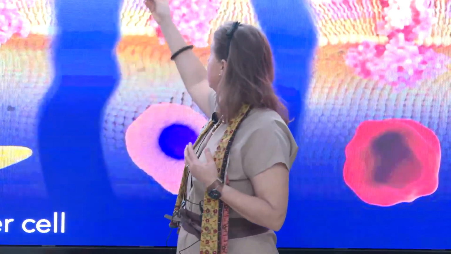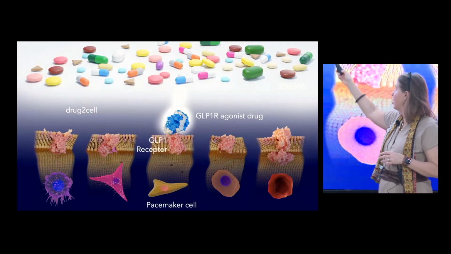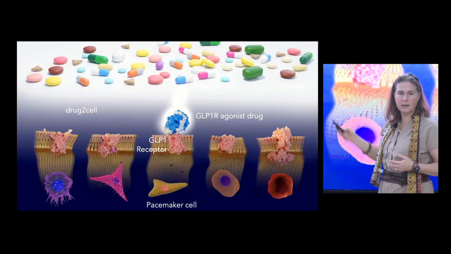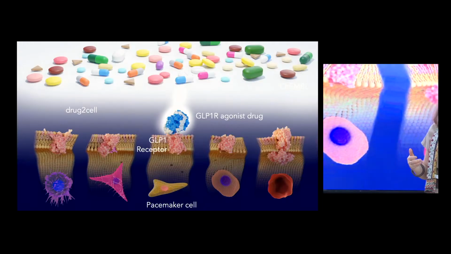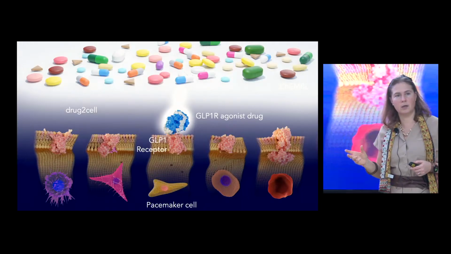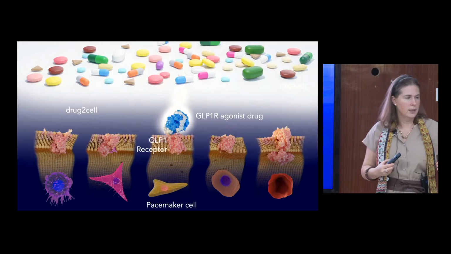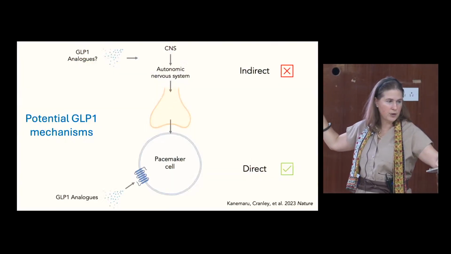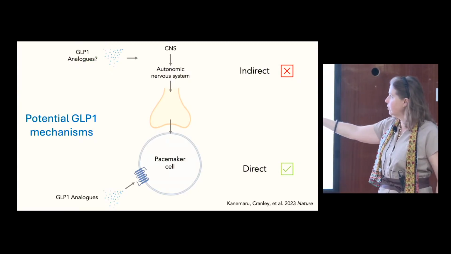And GLP-1 receptor agonists like semaglutide and liraglutide are used for treating diabetes and obesity, marketed as Wegovy and Ozempic and Mounjaro and so on. And what was really surprising was that we find that the pacemaker cells have receptors for those analogs.